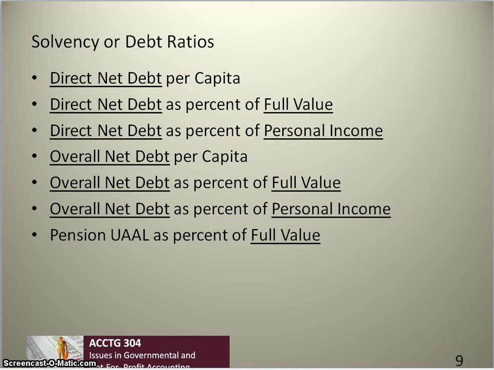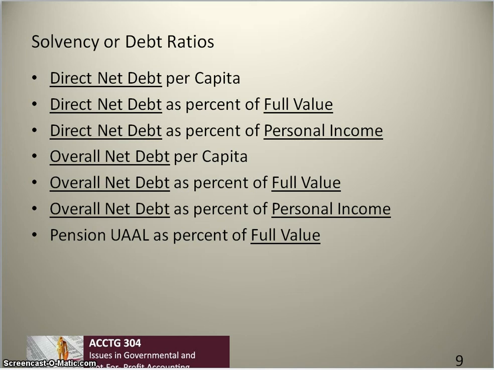This is not appropriate for governments. Governments don't use the assets on their balance sheet to pay off their debt. They don't generate revenues using those assets, and they don't sell off those assets to pay debt.